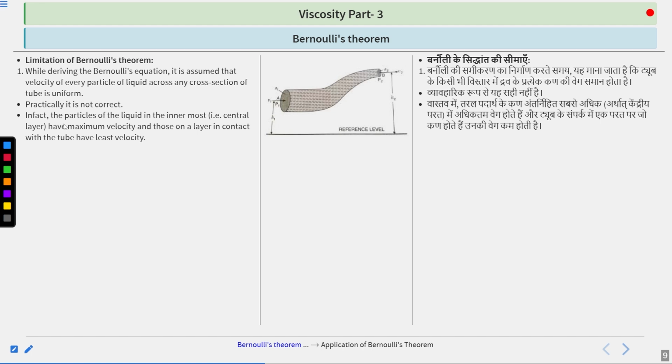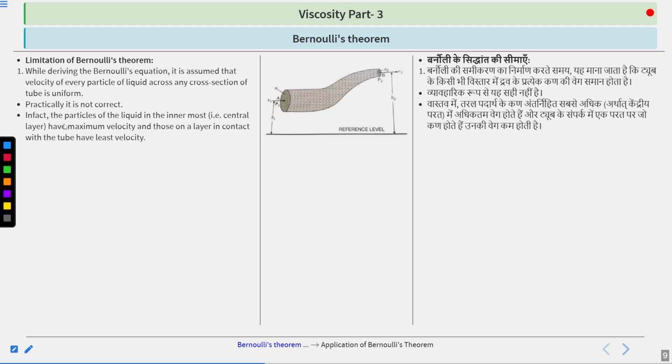Now let's take a tour back to the first lecture. Why am I saying that? Any guess? In the first lecture, if you remember, I had told you one thing. Whenever the liquid flows, the center layer always has a maximum velocity, and the outer layer in contact with the wall of the tube has a least velocity.